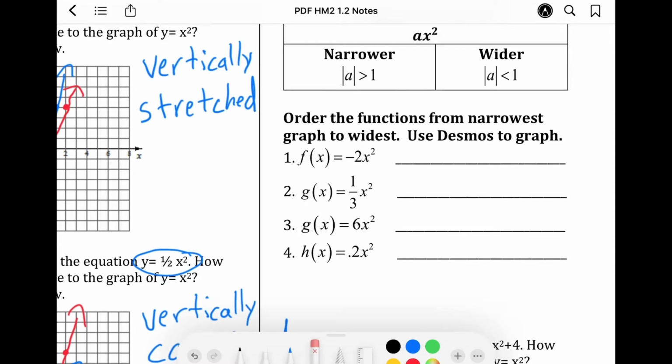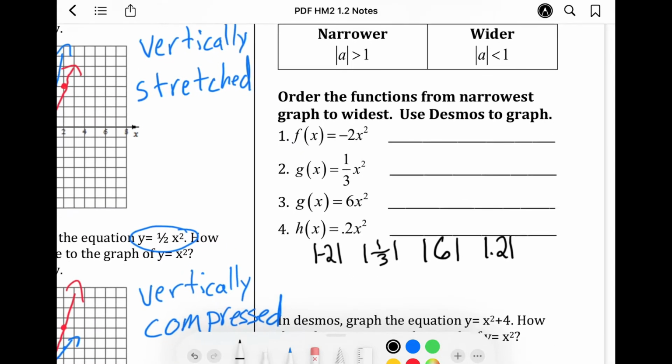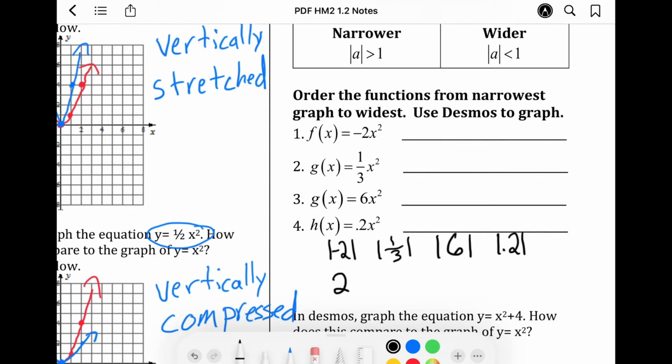We're looking at absolute value of -2, absolute value of 1/3, absolute value of 6, and absolute value of 0.2. So that means we're looking at +2, +1/3, +6, and +0.2.